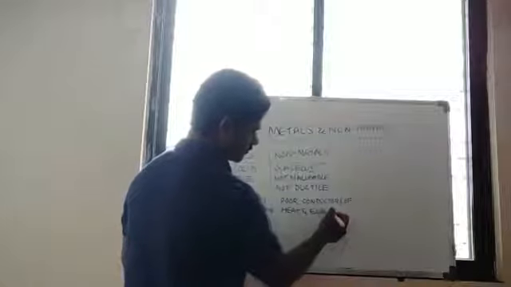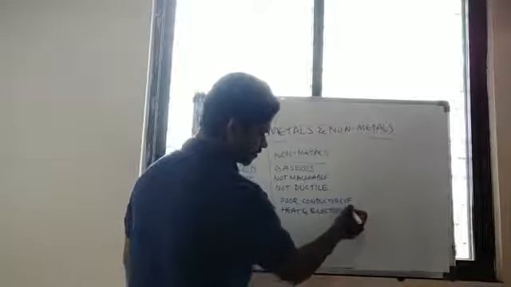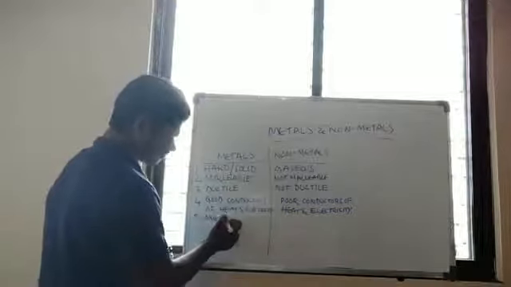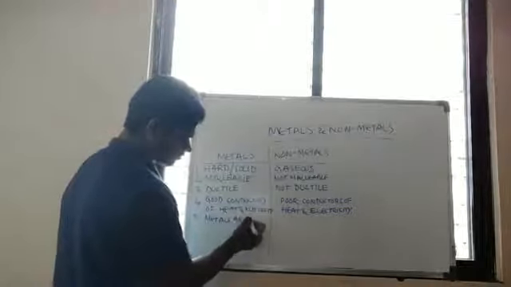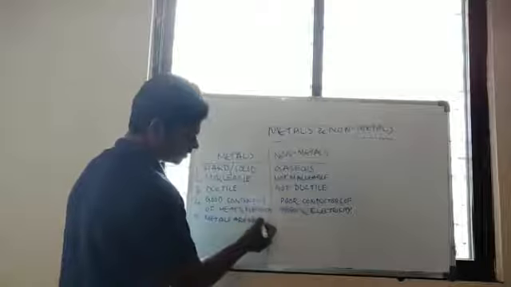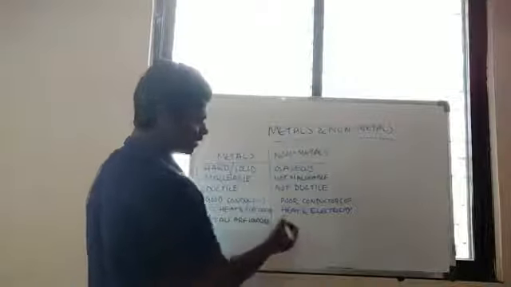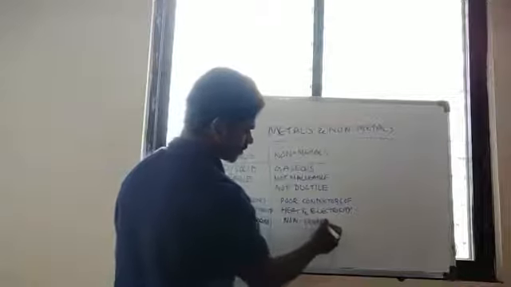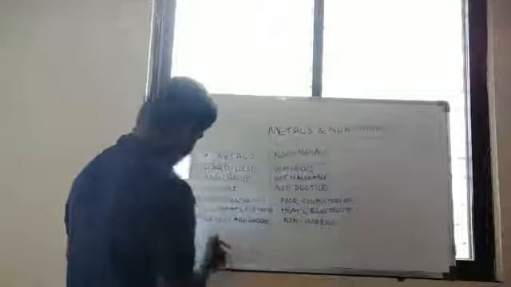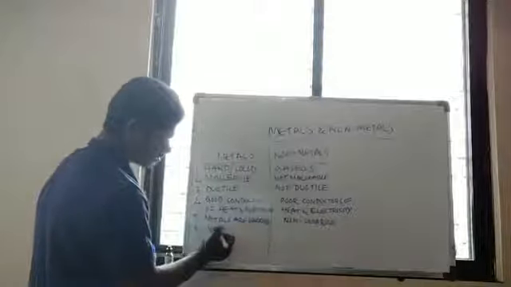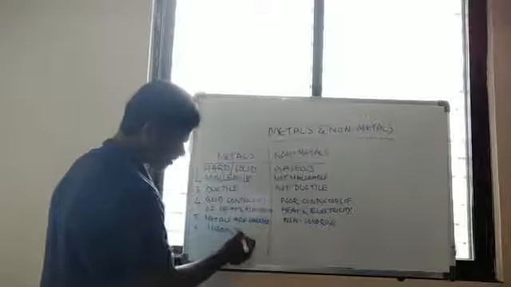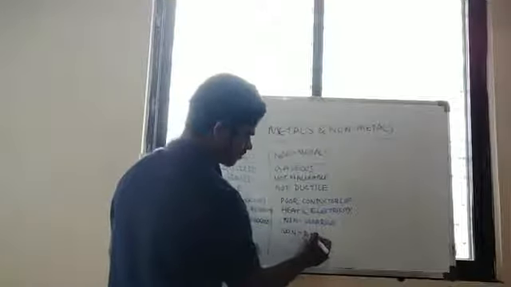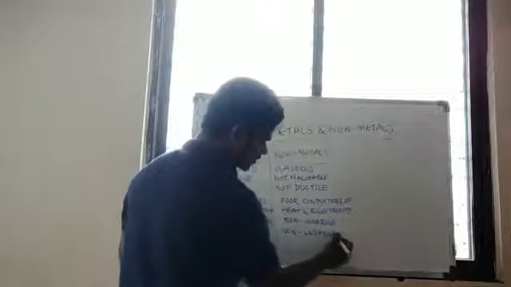One more thing we discussed is that metals are sonorous. What do you mean by sonorous? They have the ability to make sound, but non-metals are non-sonorous. Also, the metals are lustrous. What do you mean by lustrous? They have the ability to shine, whereas non-metals are non-lustrous.